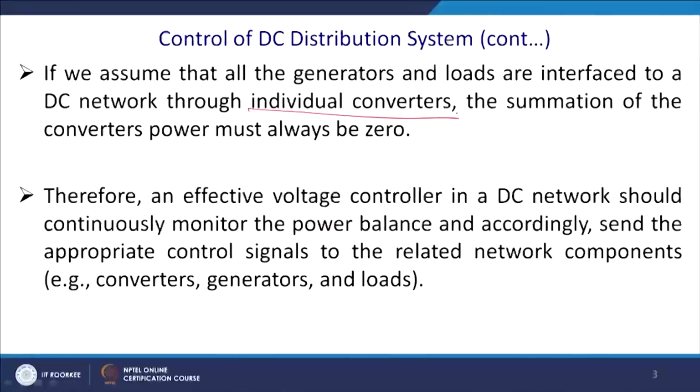We can assume that all the generators and loads are interfaced to the DC network through individual converters. There can be a little bit of mismatch between the bus voltage and the input of a particular load. For example, if you are charging a laptop it is 18 volts, and if you are charging a mobile it is 5 volts.